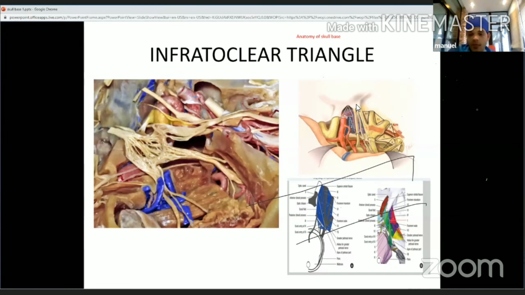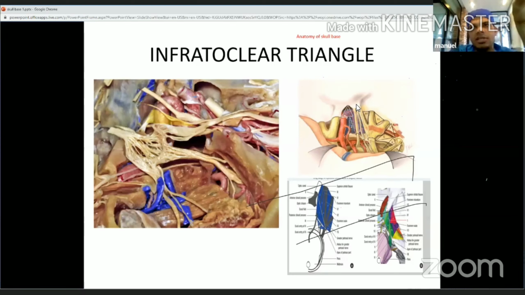The infratrochlear triangle is one of the most famous. Everybody has always heard about that. It is the Parkinson triangle. We have the limits. The limits, the name says it itself. The limits are the lateral border of the trochlear nerve and the superior and medial border of the ophthalmic nerve, and the principal limits.